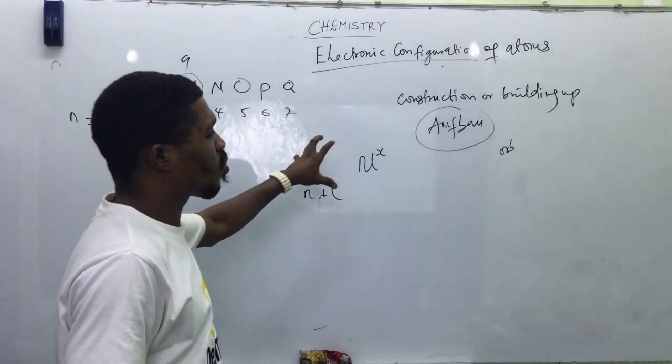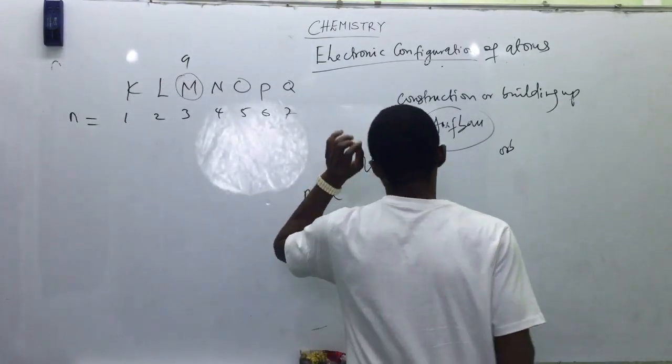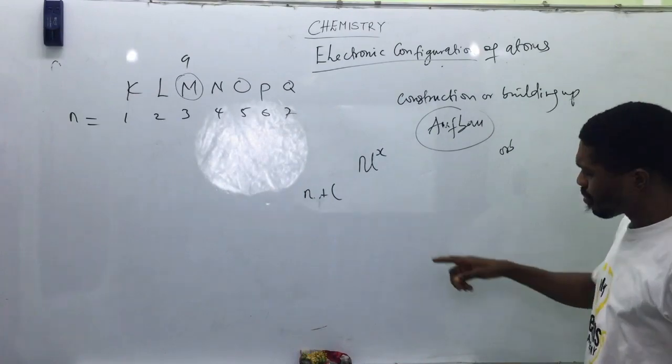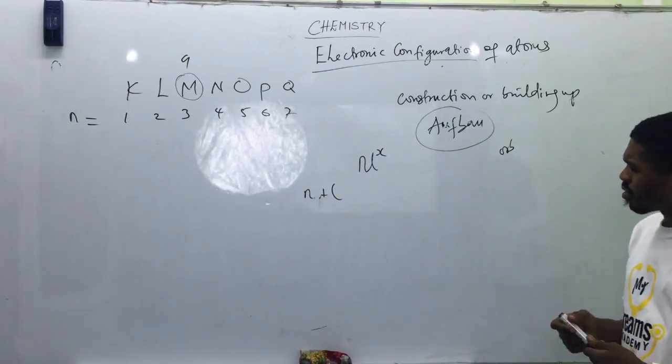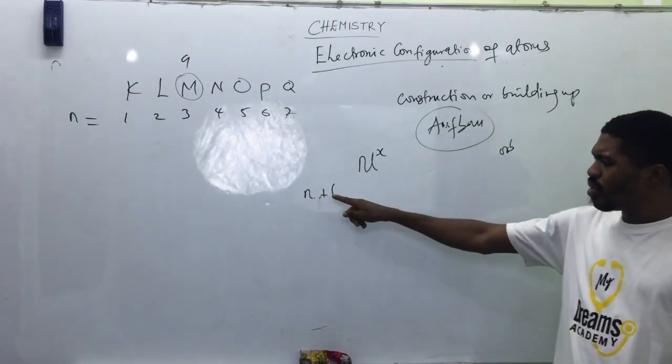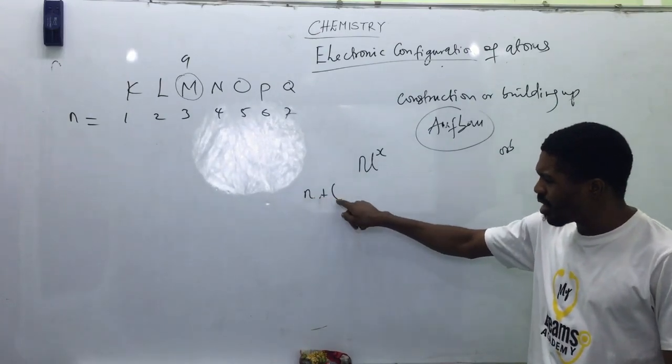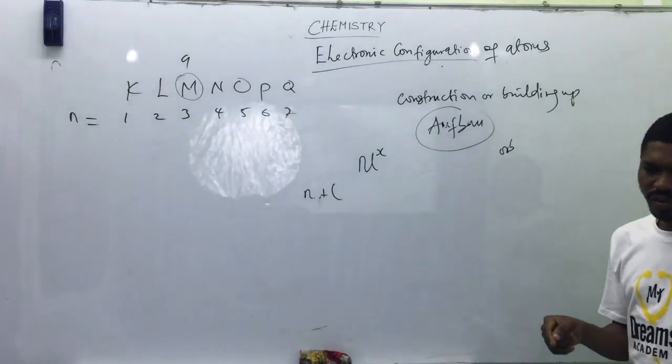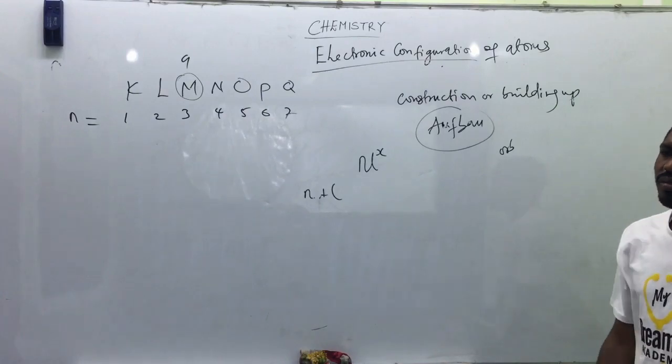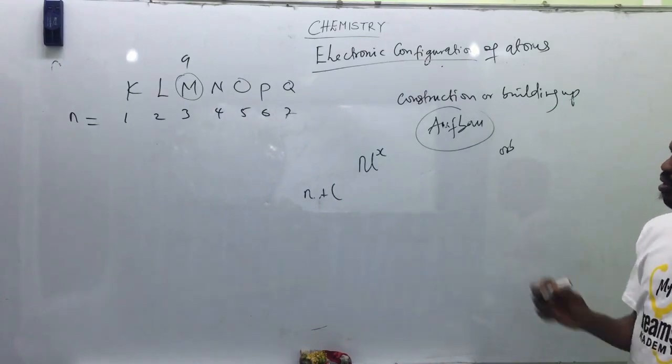So we prefer the one done with subshells. So now, for this very subshell, you use this n plus l value, the energy value, to fill the electrons into subshells. Now, let me show you this.